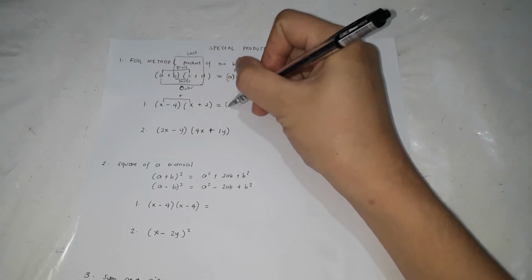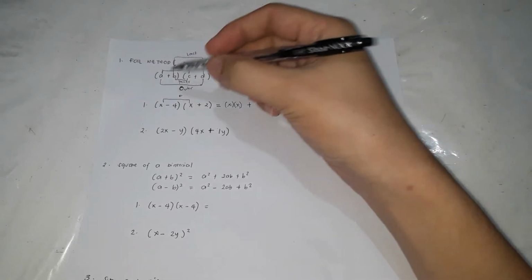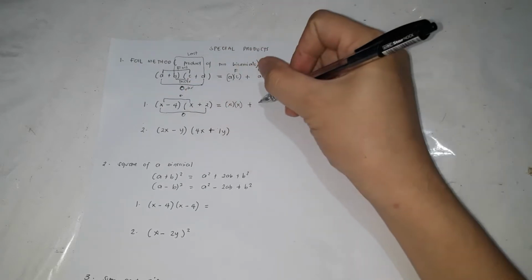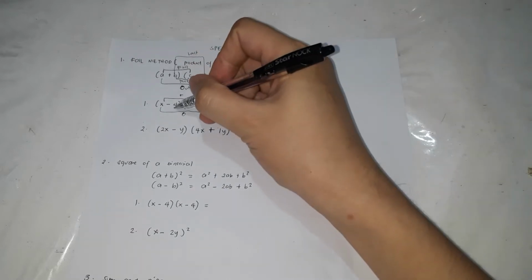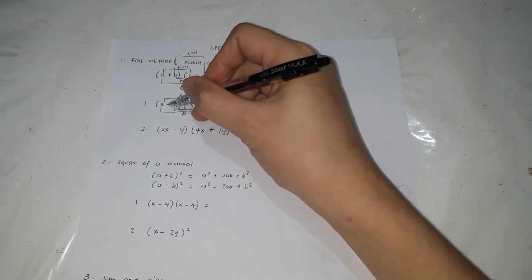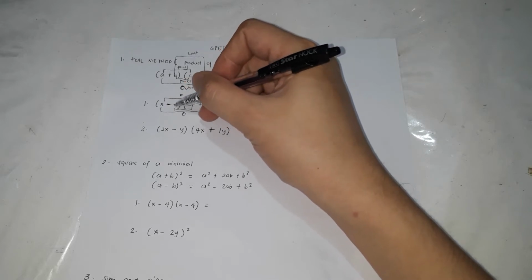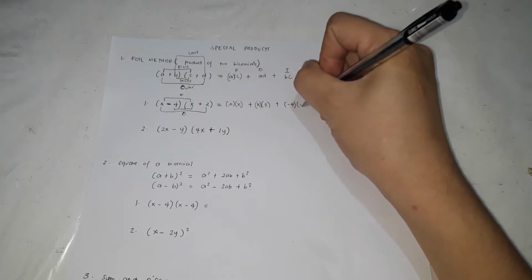So x times x plus outer, yung nasa gilid, x at saka 2. These are the outer. Plus inner, it's negative 4 at saka x. So dapat consider mo yung minus dito. It will become the sign of 4. So it will become negative 4 at saka x.